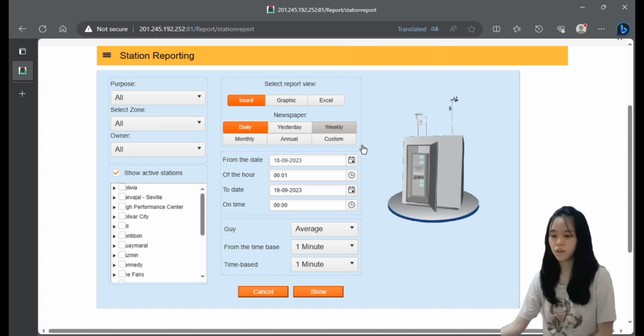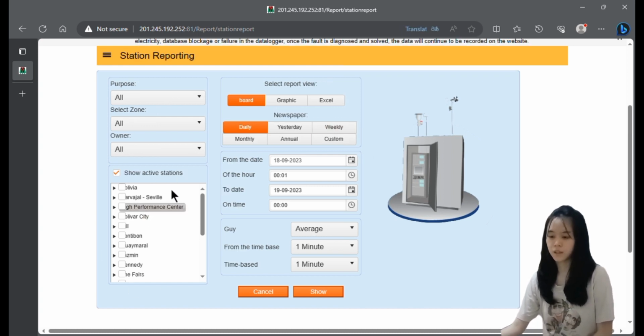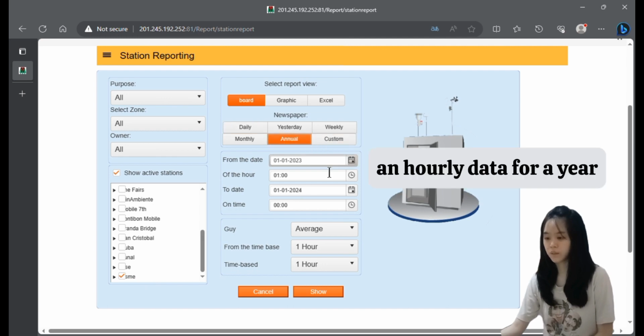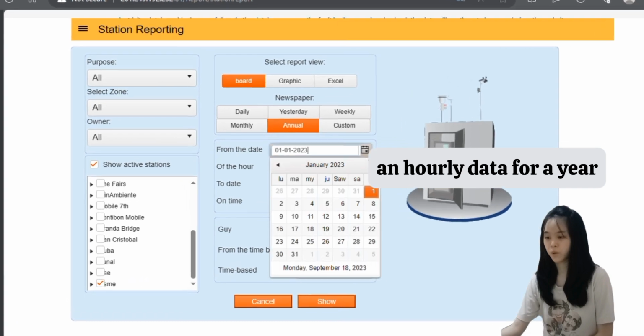Anyway, in the lower left here, we have options of stations. For today's video, I'm going to choose USME. So check that. And then we're going to take the period annually, but for 1 hour.